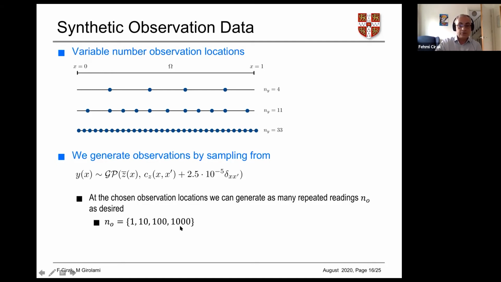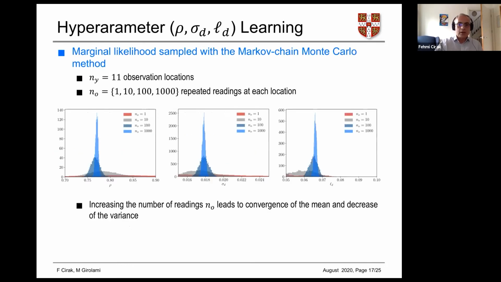Okay, so we change the number of sensor locations and the number of readings at each location. So for each combination, we can use the statistical finite element method to compute the posteriors, or updated finite element solution, and to infer the true system behavior.